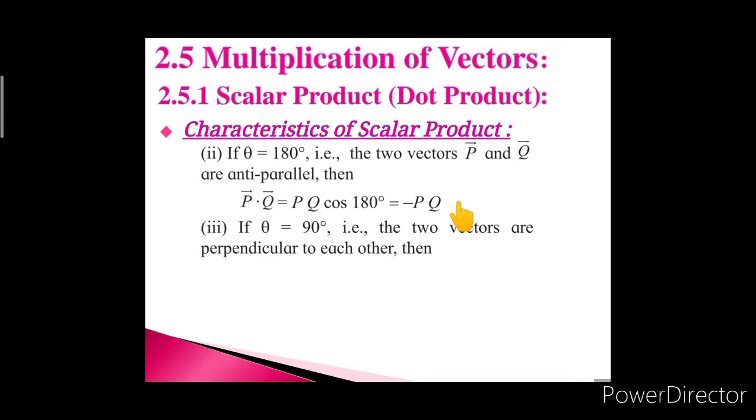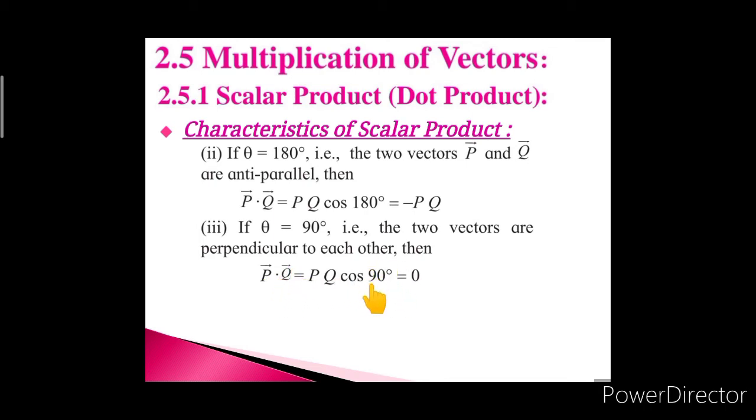Now, if the angle theta between the two vectors is 90 degrees, that means the two vectors are mutually perpendicular to each other. Then the scalar product of the two vectors is vector p dot vector q is equal to pq cos theta.